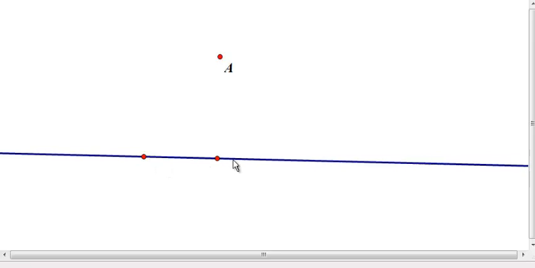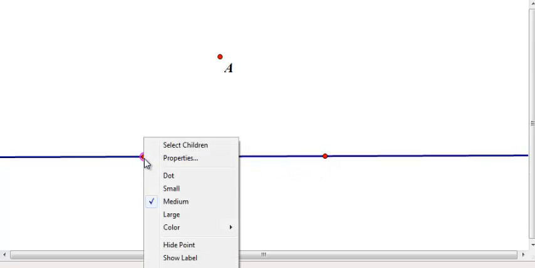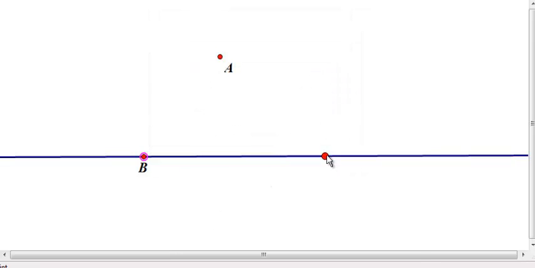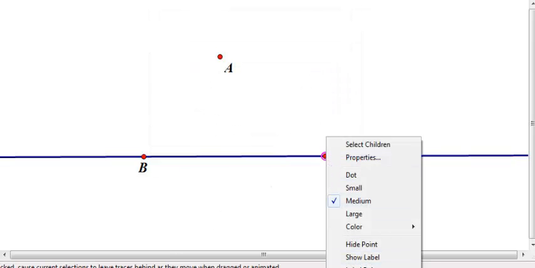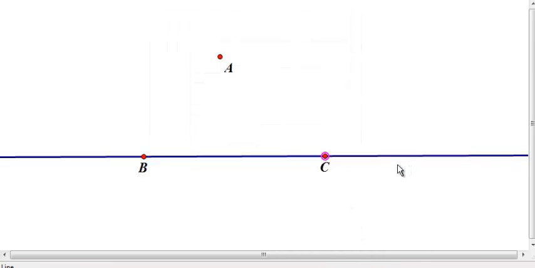Now then what we do is we draw its directrix, that is BC. So if we name this point as B and this point as C, that gives us the directrix.